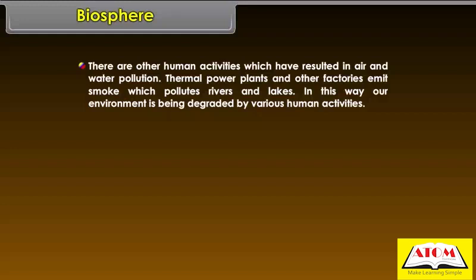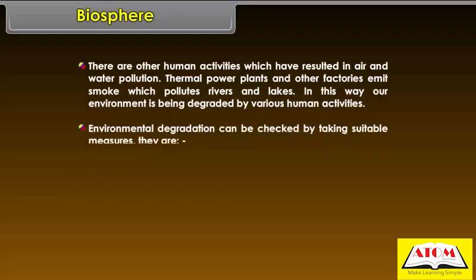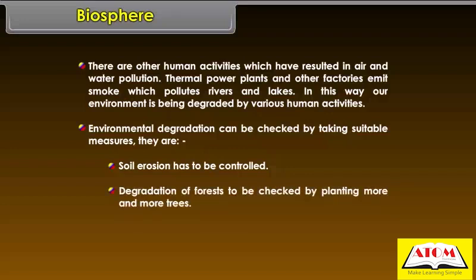In this way, our environment is being degraded by various human activities. Environmental degradation can be checked by taking suitable measures. They are: soil erosion has to be controlled, and degradation of forests to be checked by planting more and more trees.